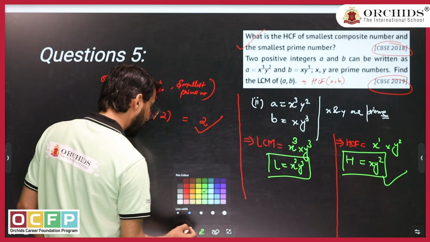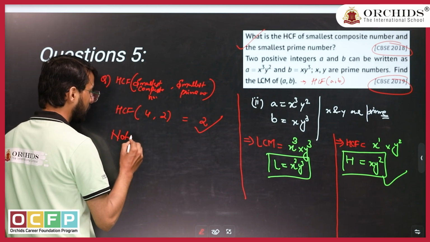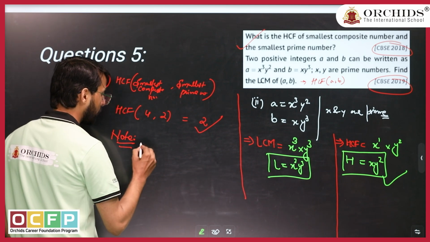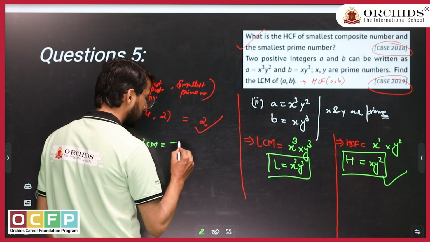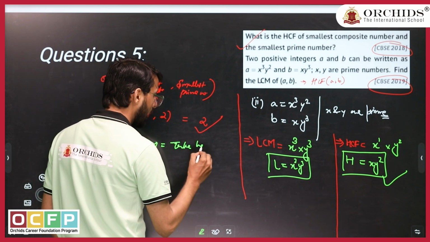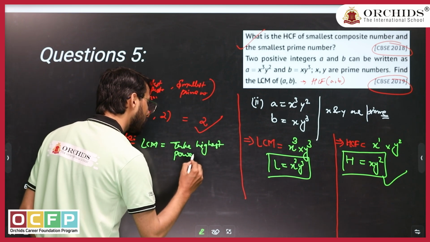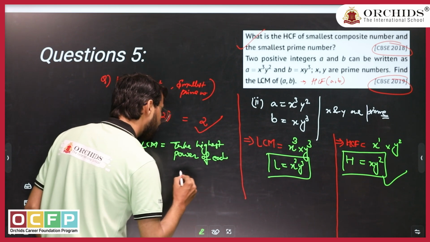x cube y cube. So here I am writing some notes for you. You can note it. This will help you in the examination. While finding LCM, always take the highest power of each prime.